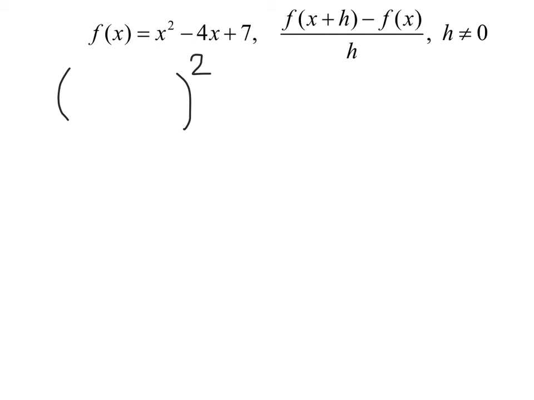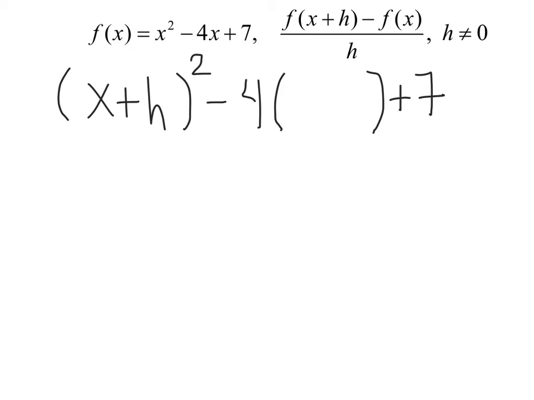That's going to be for our x squared minus 4, and then we're going to open another parentheses for our other x, and then we're going to have our plus 7. Inside the parentheses, we place our x plus h from our difference quotient.